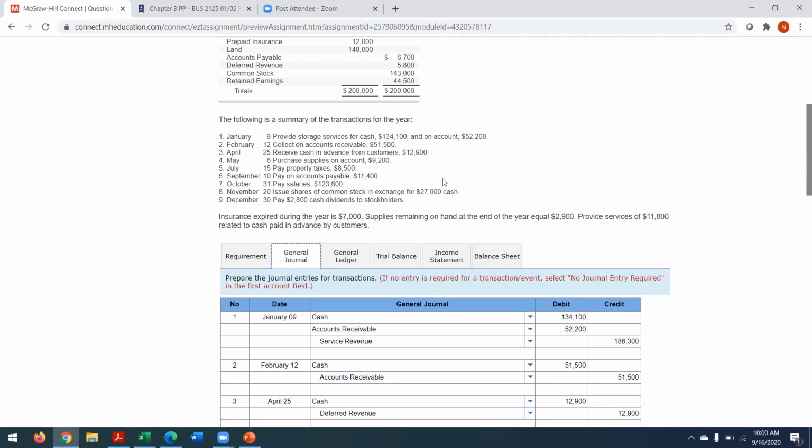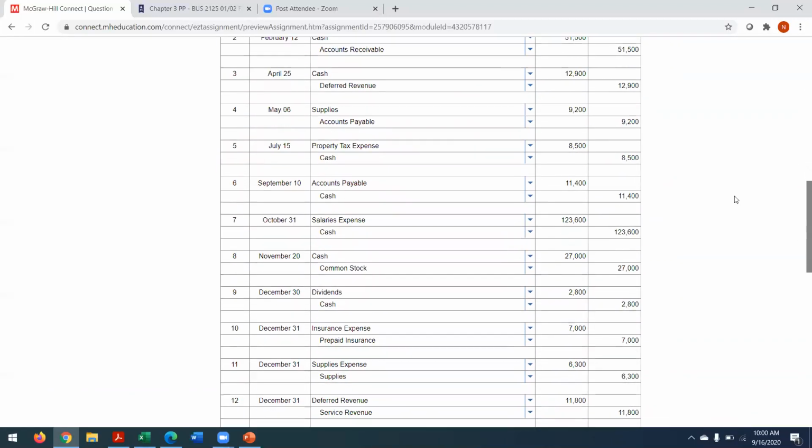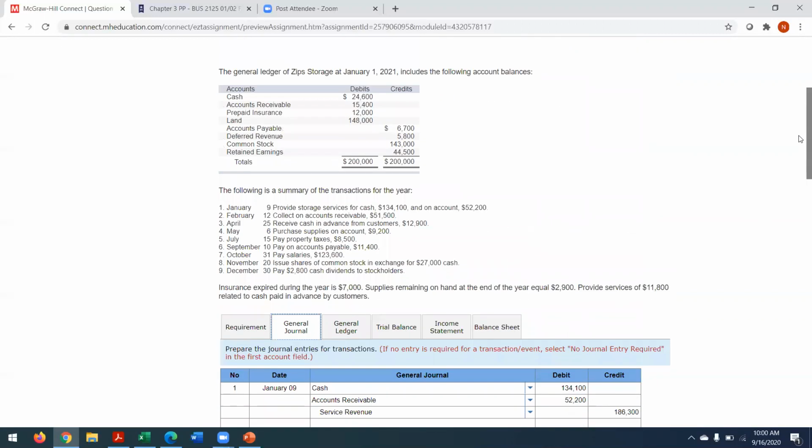Pay on accounts payable 11,400 September 10th. We could credit cash and debit accounts payable? You rock. Debit accounts payable 11,400, credit cash 11,400.